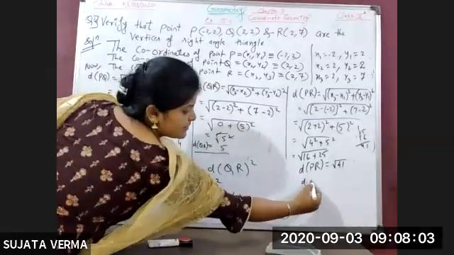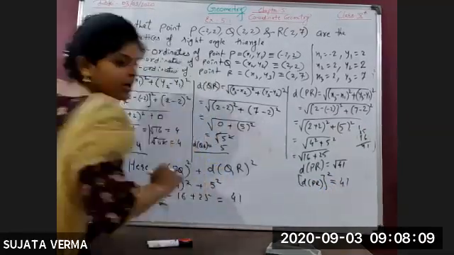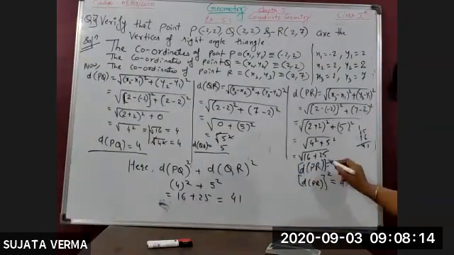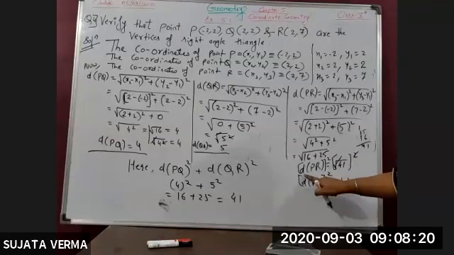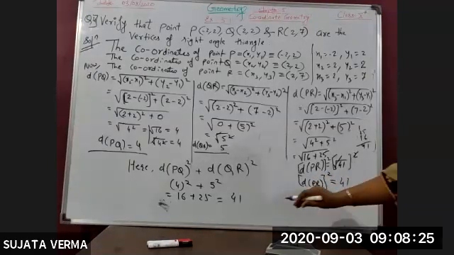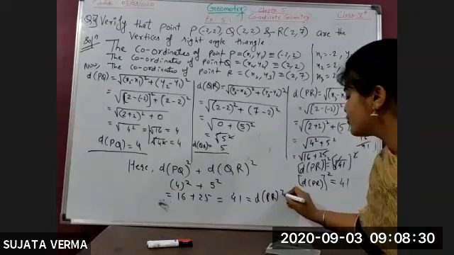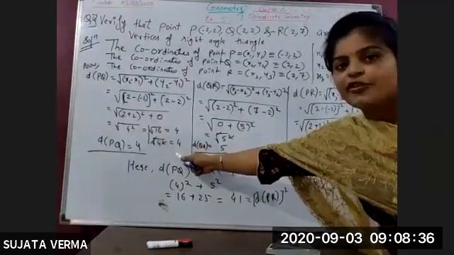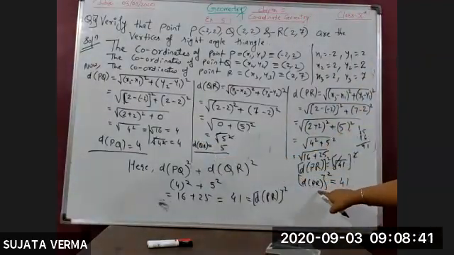If we square PR, you will get 41. How do you get 41? If I square this, at that time square and root get cancelled. So the square of the distance of PR is equal to 41. That means when we add the square of the distance of PQ and the square of QR, we get the distance of PR square.